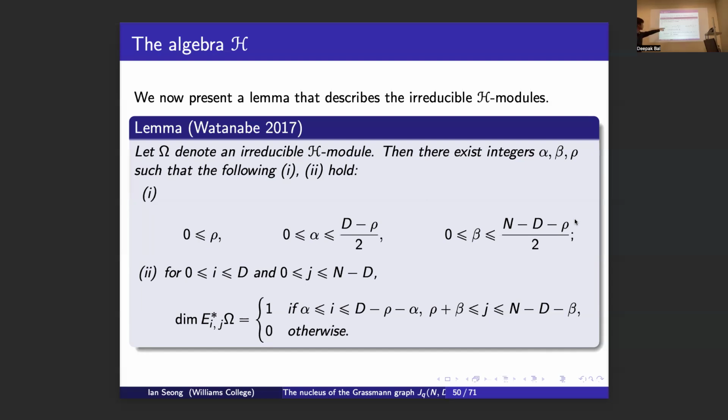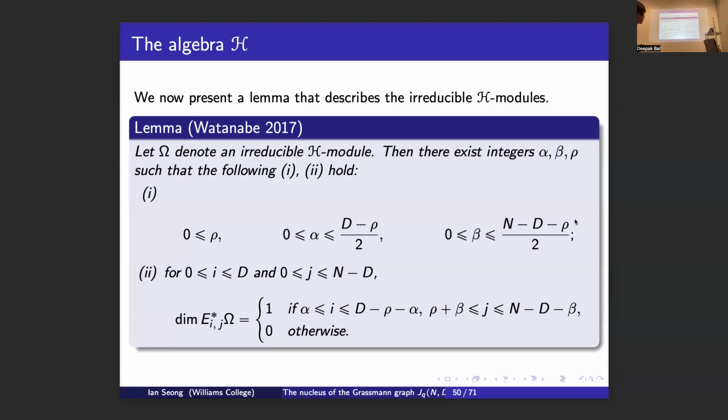One takeaway is that rho has to be non-negative, and you'll see in a diagram on the next slide why these are quite important. The second one says that if we have a certain irreducible omega, and we apply E star ij, looking at a single i comma j, a single location in the projective geometry, then its dimension is just going to be 1 or 0.